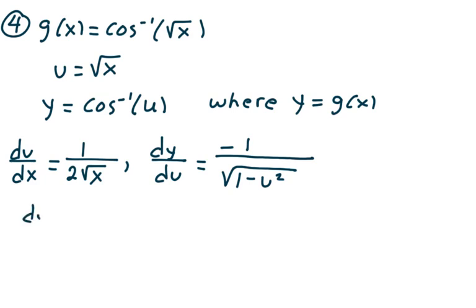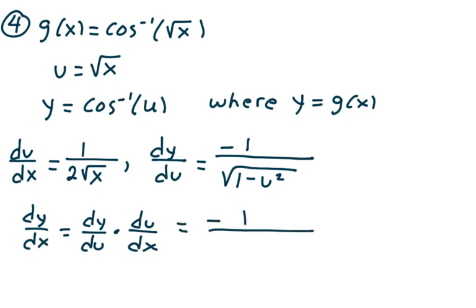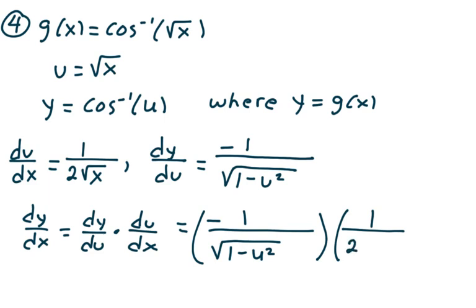So we can say dy/dx is dy/du times du/dx, okay? Now, dy/du is negative 1 over the square root of 1 minus u squared. du/dx is 1 over 2 times the square root of x.